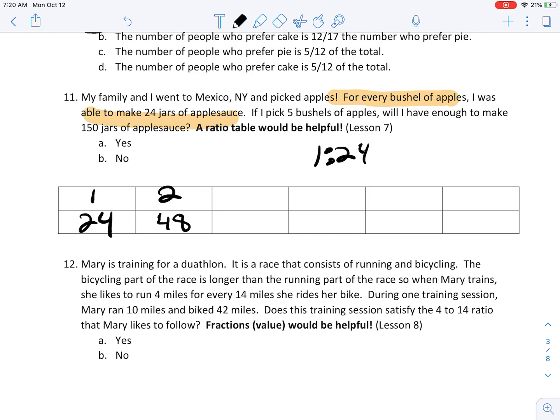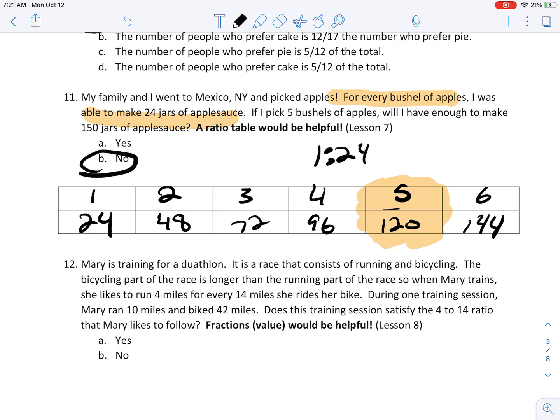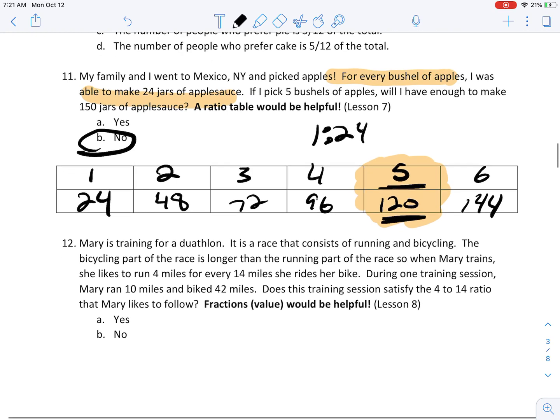I'm counting up by 24s and 1s. So now, if I picked 5 bushels of apples, will I have enough to make 150 jars of applesauce? The answer is no, because for 5 bushels, you're only going to get 120 jars of applesauce.